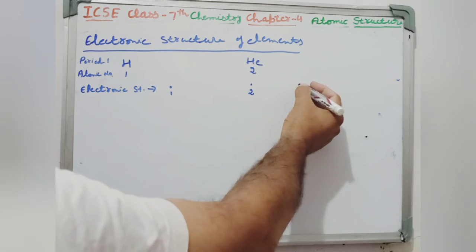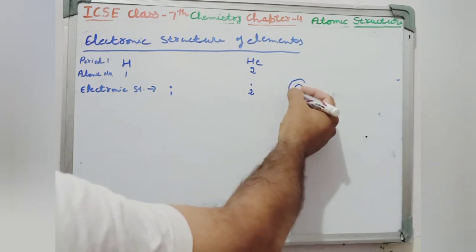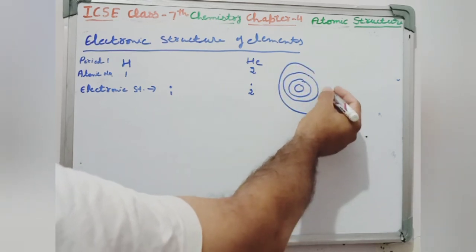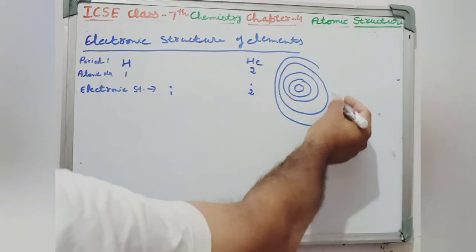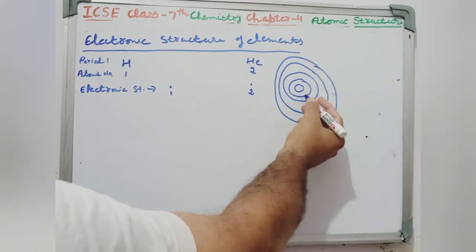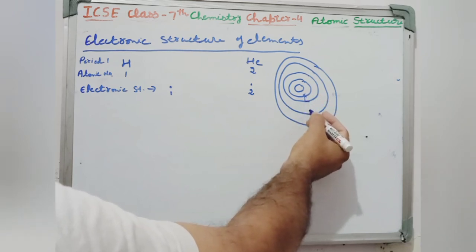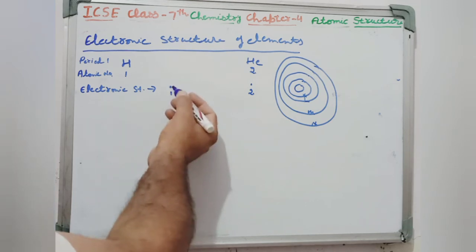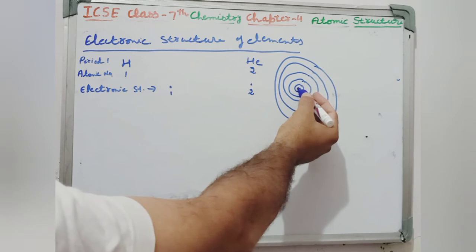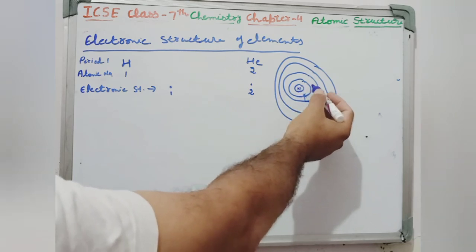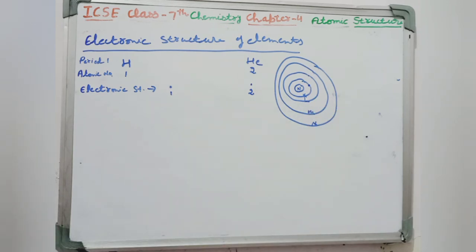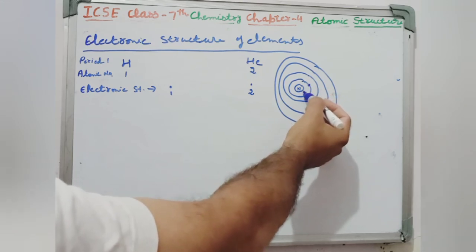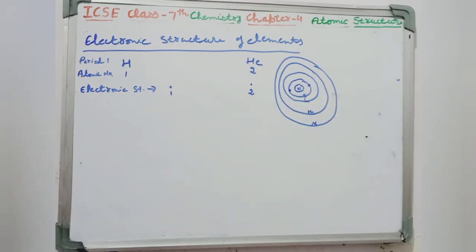Suppose this is the nucleus, this is K, this is L, this is M, and this is N. Nucleus, K, L, M, and N. Right? If this is the nucleus, we first fill K, so here is 1 electron. In the case of helium, K can hold 2 electrons, so we will put 2 electrons here. Right, this way.